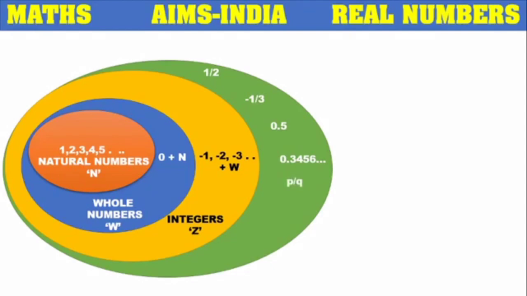So these are all different numbers along with the integers. If they are combined, then we will get a new system of numbers that is called rational numbers, denoted by the symbol Q.